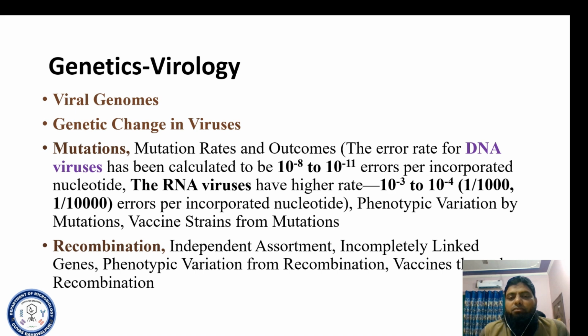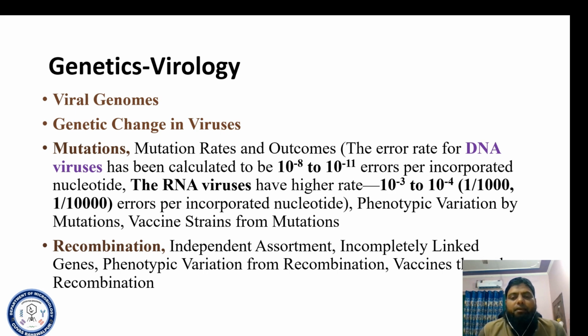By looking at the rate of mutation we can find out how much time has passed and what kind of changes the virus has got through mutations. In the case of RNA viruses, the mutation rate is 1 per thousand to 1 per 10,000 nucleotides, and that's why RNA viruses have greater potential to mutate and evolve over time in comparison to DNA viruses.